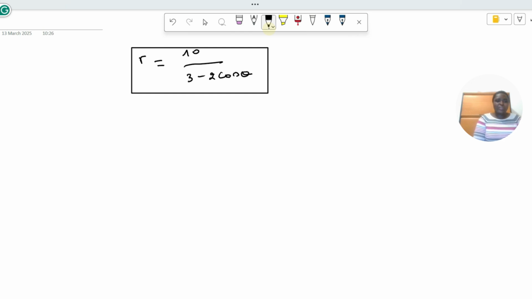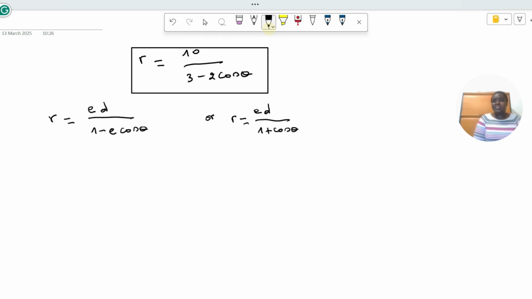We need to understand first that when we have R equal to E times D over 1 minus E times cosine of theta, or we have two cases, or if we have R equal to E times D over 1 plus E cosine of theta, like this.